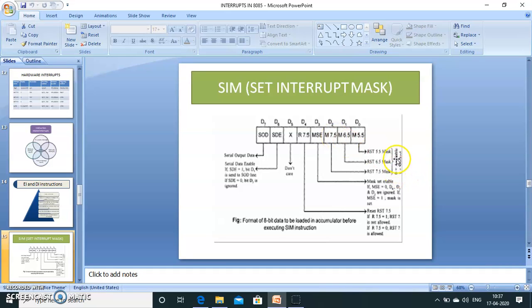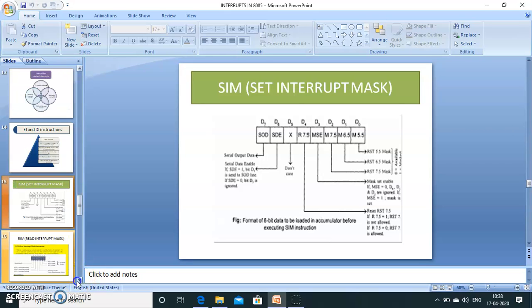If it is 0, the interrupt is enabled, and if it is 1, it is masked. There is also a reset bit, only for RST 7.5. We can reset RST 7.5 using this bit. The other bits, D6 and D7, are used for serial communication.